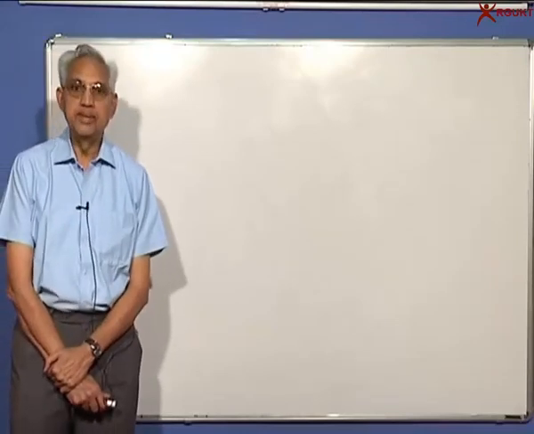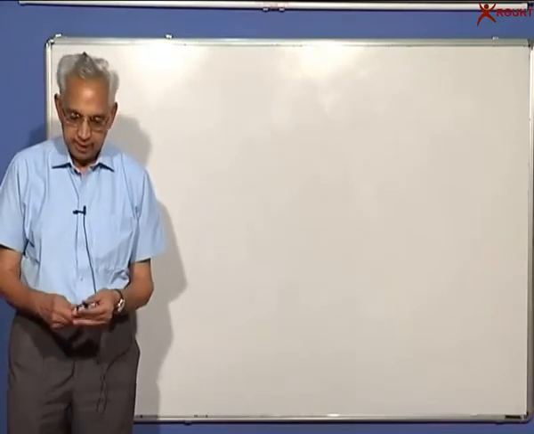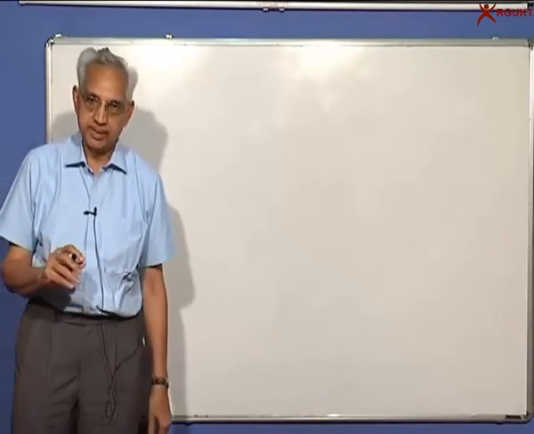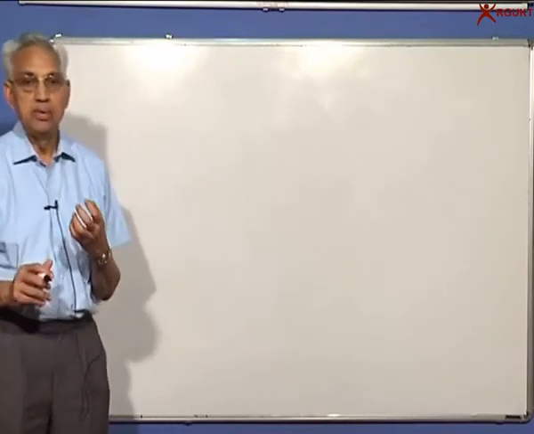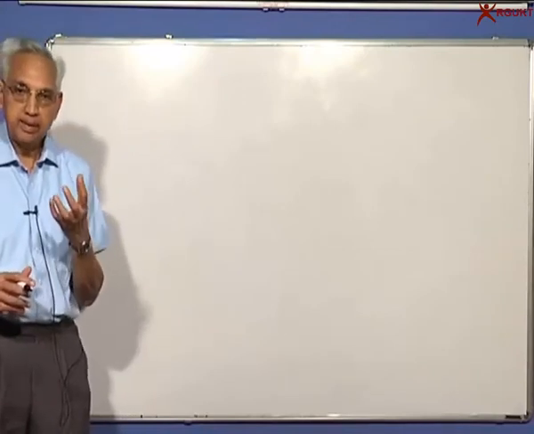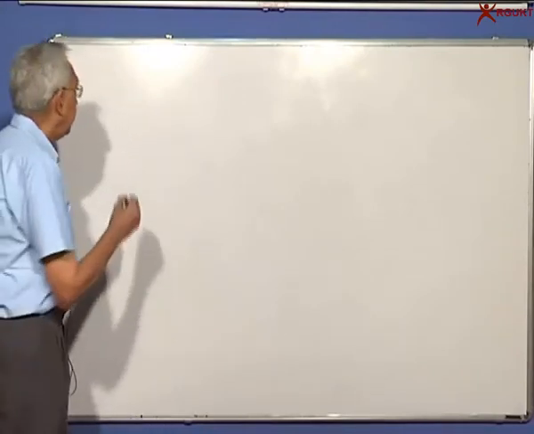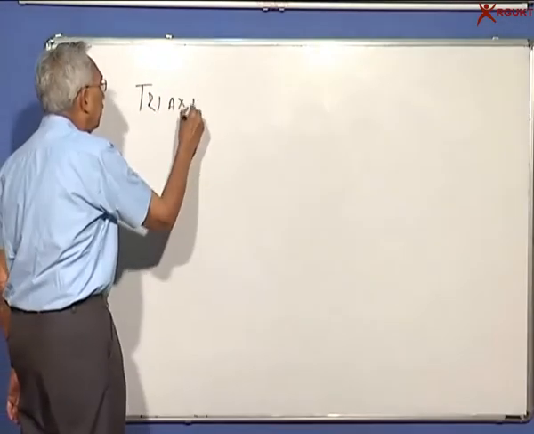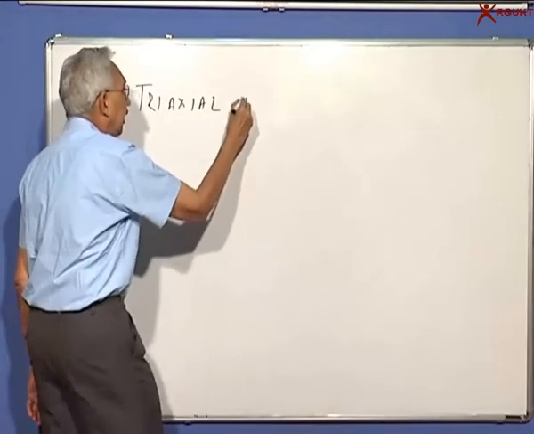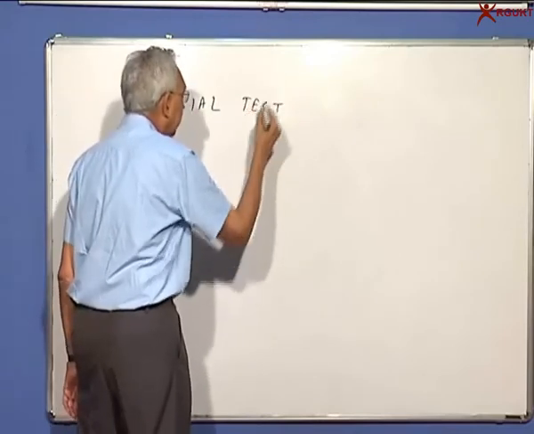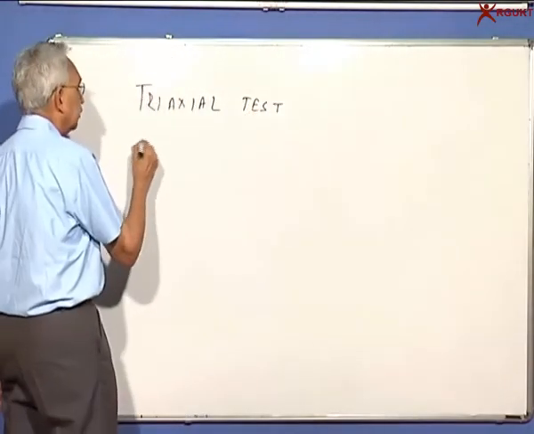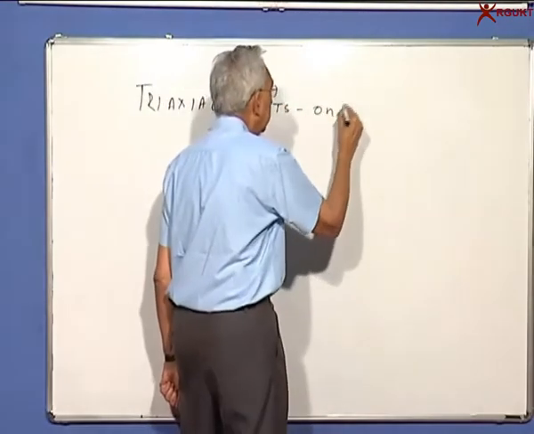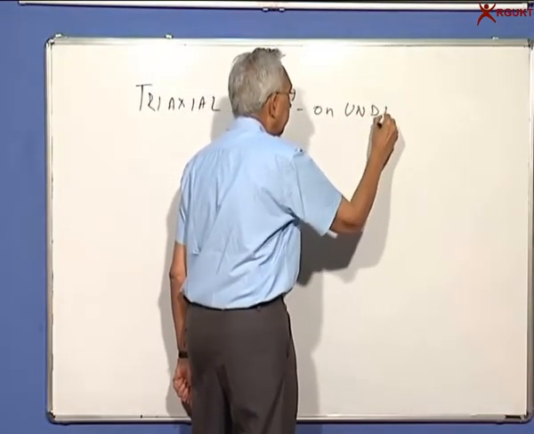Welcome to lecture 27. In the last class, we studied the different types of triaxial tests, which are more relevant and reliable in the sense that we look at the response of the soil from undisturbed or as close to nature as possible triaxial tests on undisturbed samples.